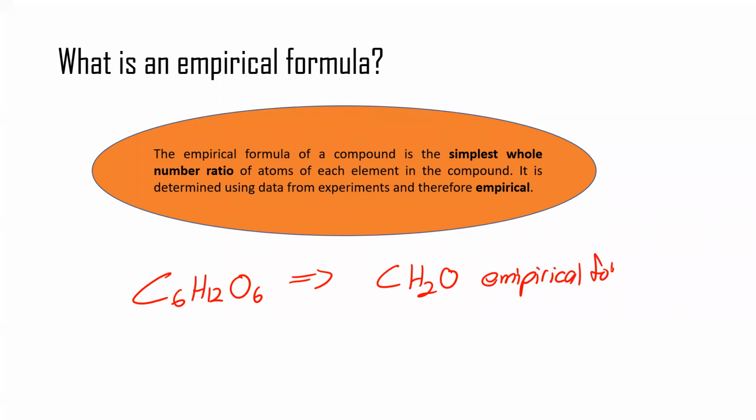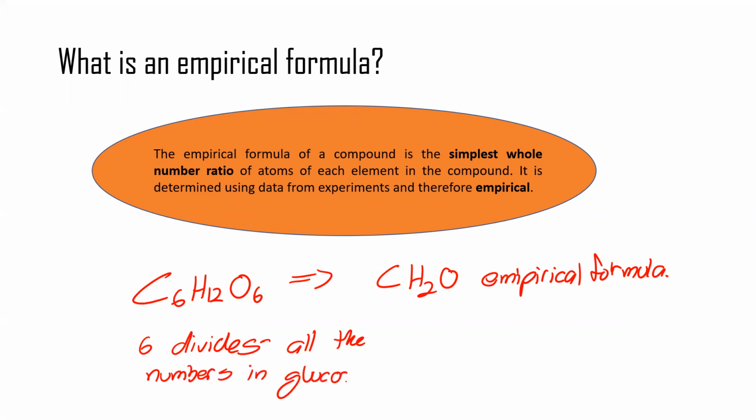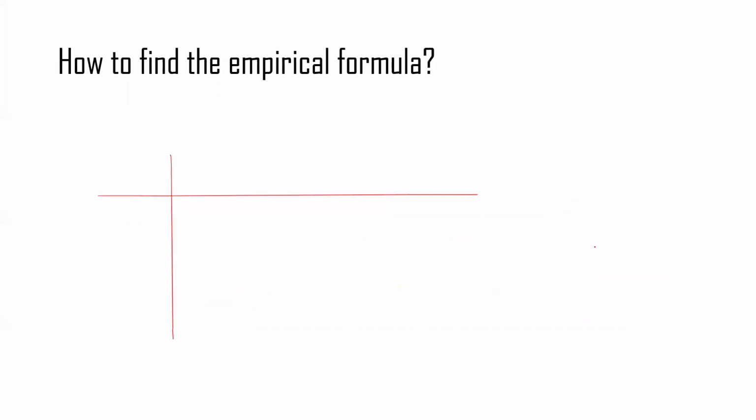This is because 6 divides all the numbers in glucose. So 6 is divisible by 6, 12 is divisible by 6, and 6 for oxygen is also divisible by 6. So we can divide everything by 6 to get the empirical formula.